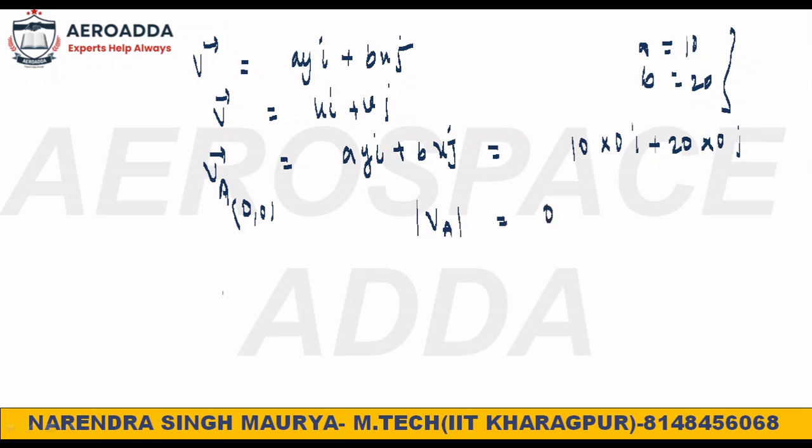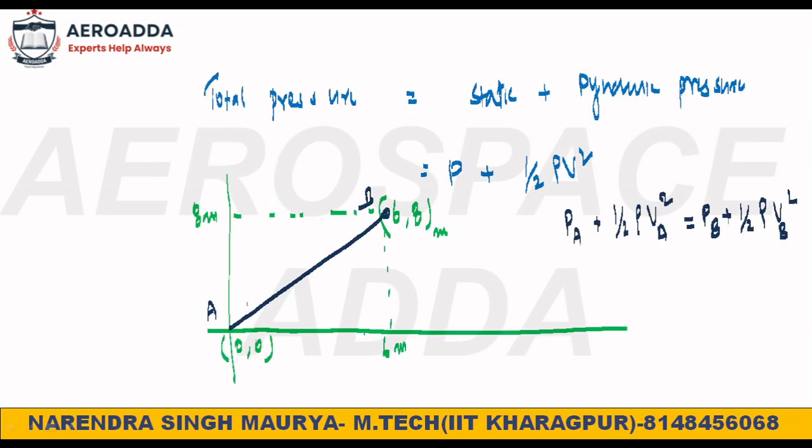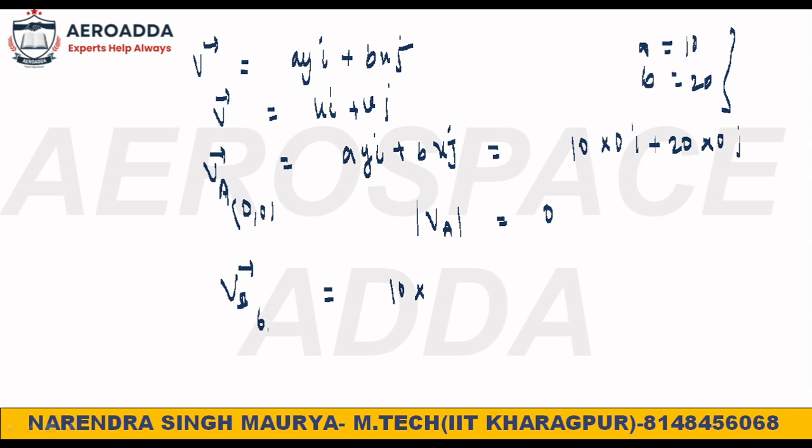Number 2, if you calculate velocity at point B, A is 10. What is the B point? Check 6, 8. Now 6, 8. So A is 10, y is 8, i, plus B is 20, x is 6, j. How much is it?